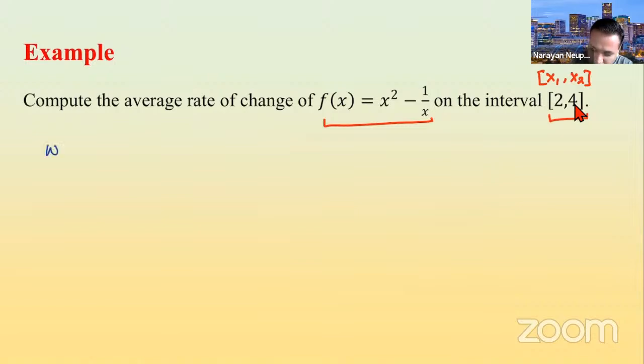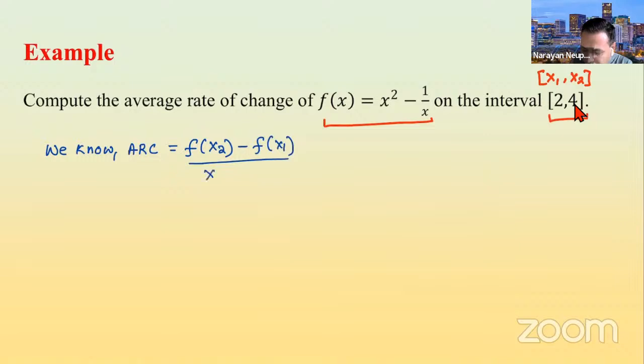So what we know is, let's write this. We know average rate of change is f of x2 minus f of x1 over x2 minus x1. Just like the slope formula, right?